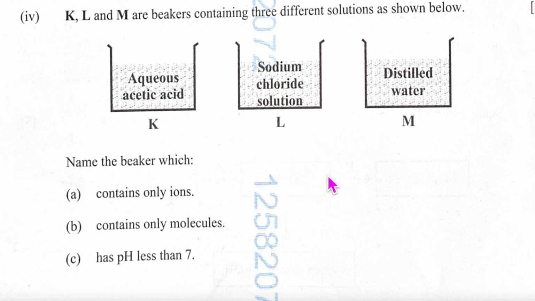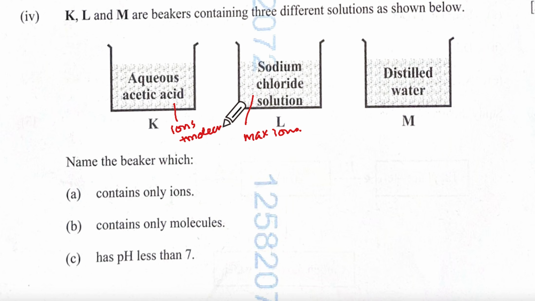K, L, M are the beakers containing different solutions as shown below: aqueous acetic acid, sodium chloride, distilled water. Ions and molecules. Now sodium chloride is an ionic compound, so it will have maximum ions. Aqueous acetic acid is weak, so it will have ions plus molecules.